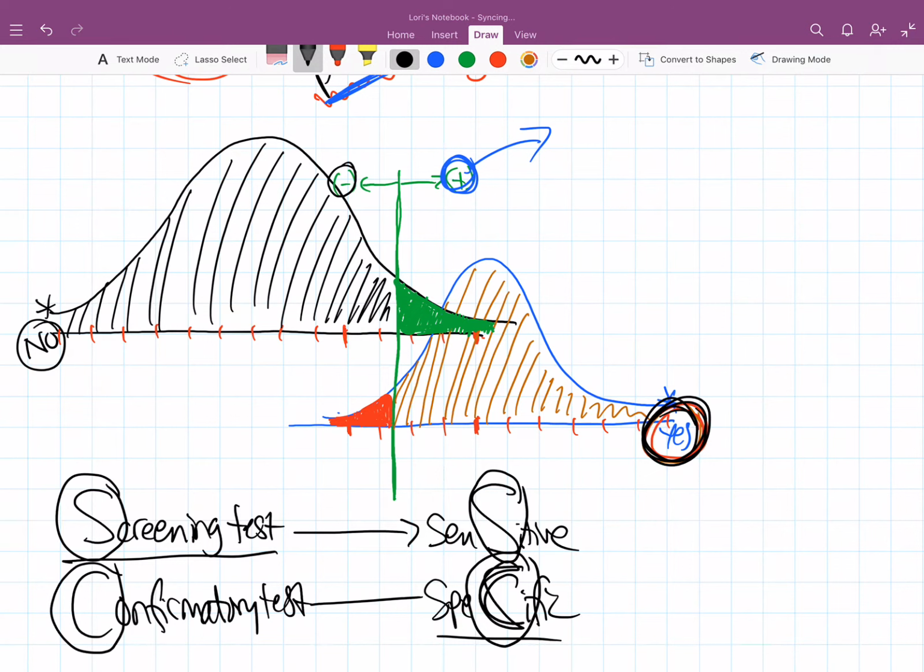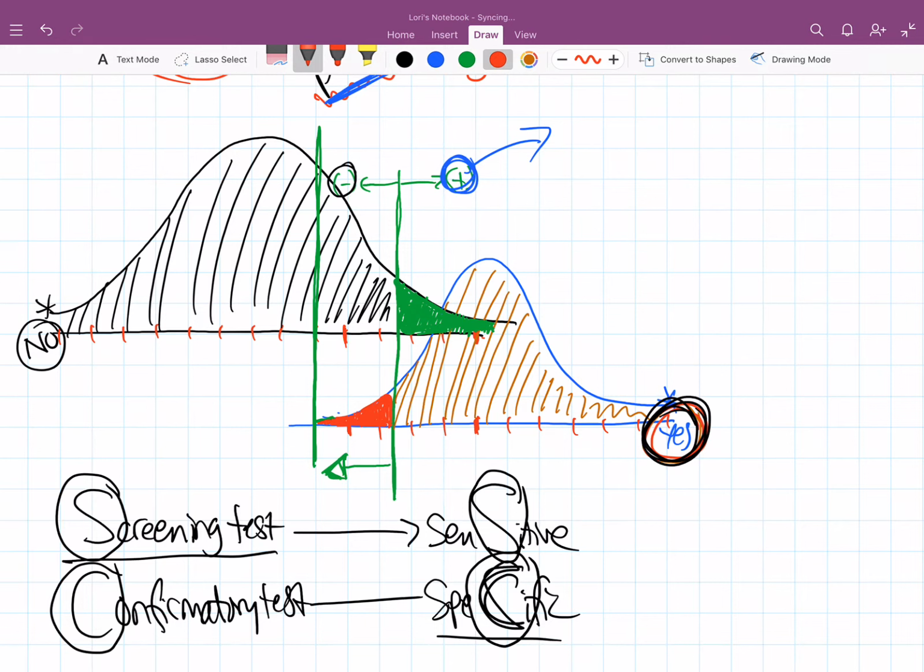So here we are. How would we do that? I'm going to change this cutoff value. I'm going to move the cutoff value to the left, and I'm going to draw that new cutoff value here, just to be a little bit over-exaggerated. So here we are. And guess what? If I move that cutoff value down that much, I just picked up on, let's say this ends here, I just captured every single possible case.